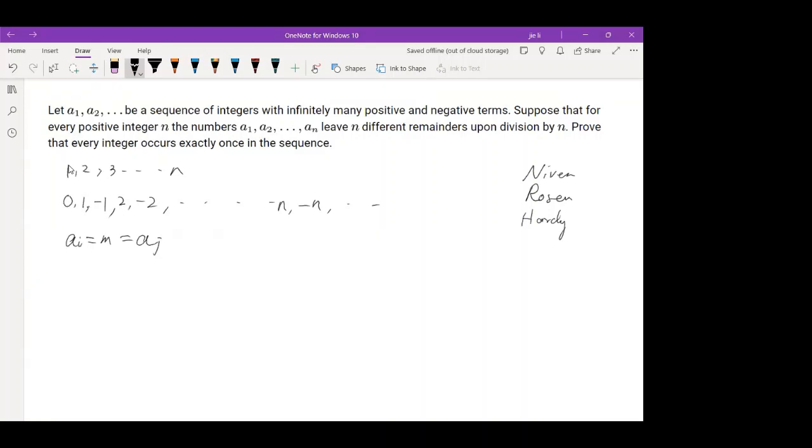And next, you need to show every number occurs. To show every number occurs, try to show a specific number. Let's start with 0. So we need to show 0 occurs. Naturally, we also use proof by contradiction.